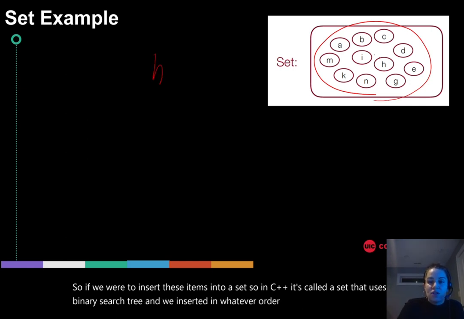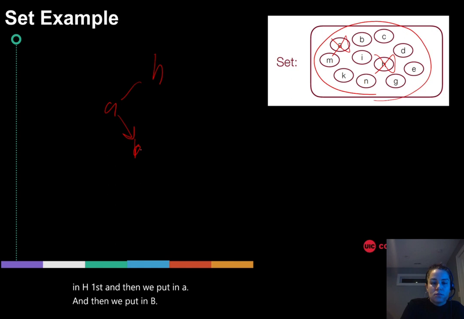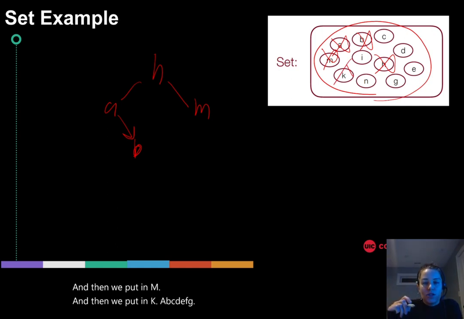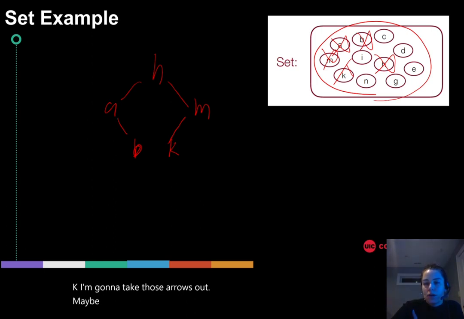Let's say we put in H first, and then we put in A, and then B, and then M, and then K. K goes this way. Okay, I'm going to take those arrows out. Let me do maybe one more. I'll do an N, so it goes here.